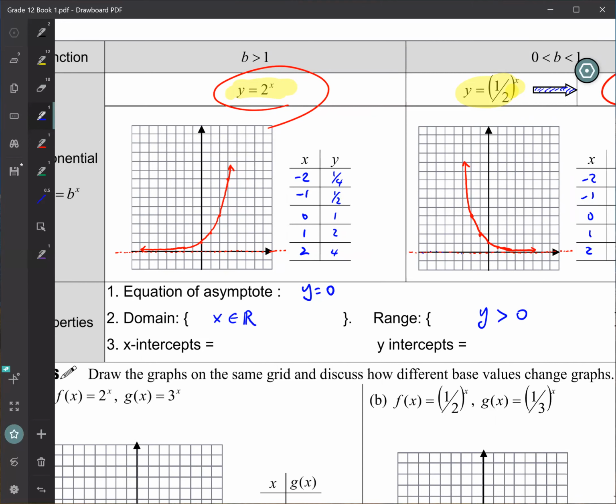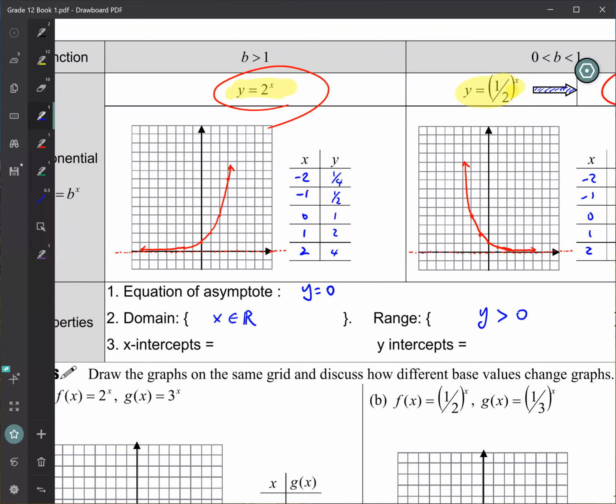Okay, x-intercept. Kelly, what's the x-intercept? Do you know the meaning of x-intercept?